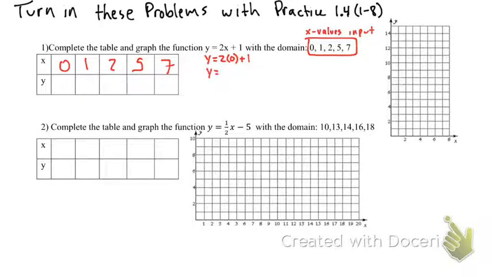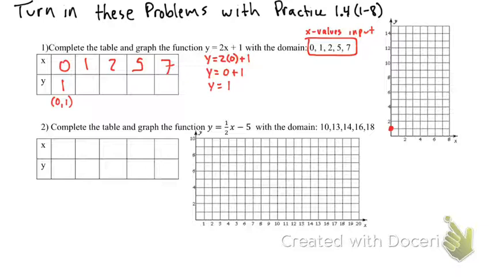Y equals 0 plus 1, and y is going to equal 1. So that 1 goes here on the table. And now 0, 1 is actually the point 0, 1. So I'm going to plot that over here. 0, 1 is there.